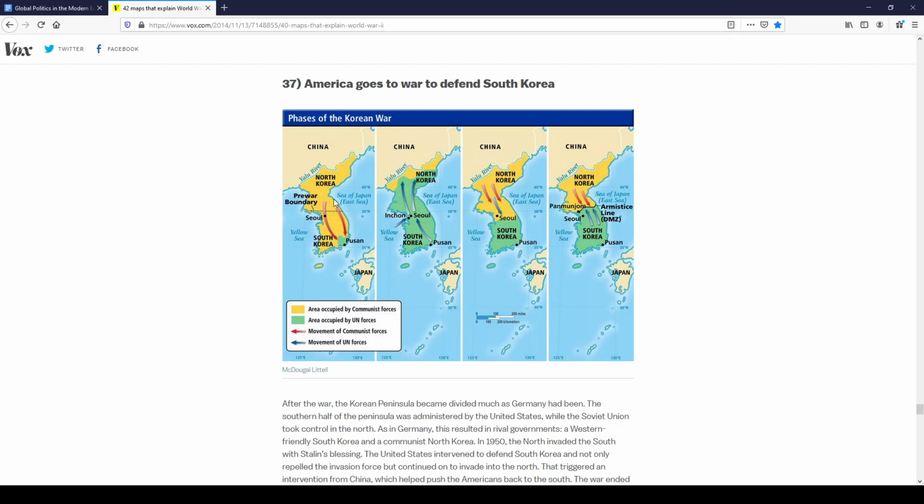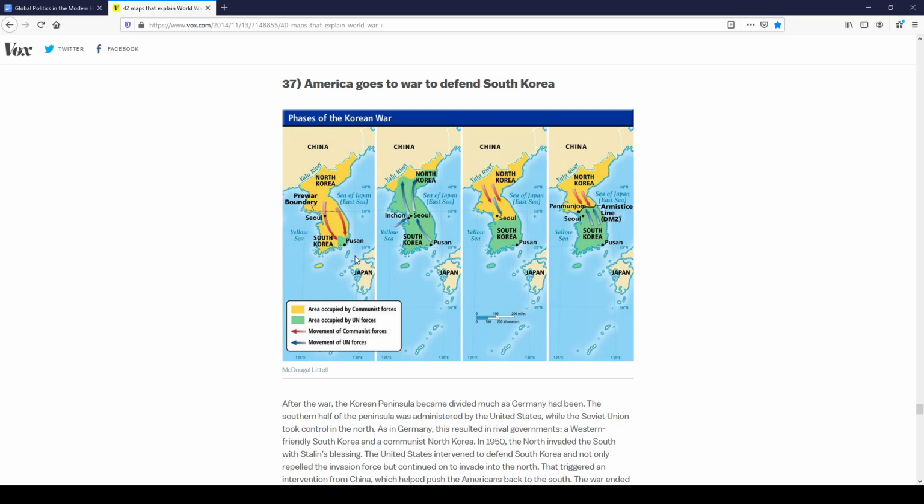Very brief background. Remember that Korea, well, I don't know if you remember, but if not, you're about to learn it, Korea had been formerly occupied by Japan and it was retaken with the end of the Second World War. And the victorious powers weren't entirely sure what should become of Korea.